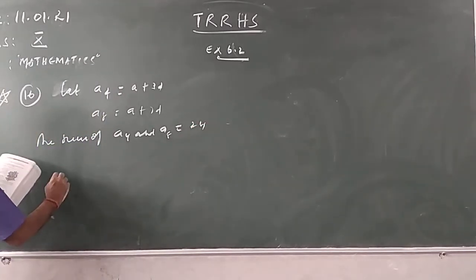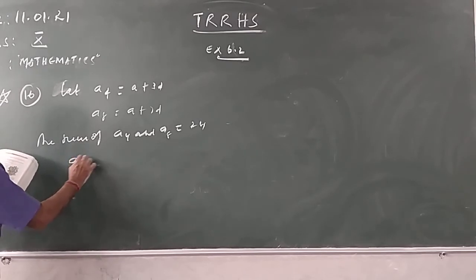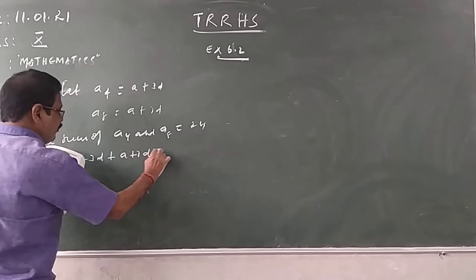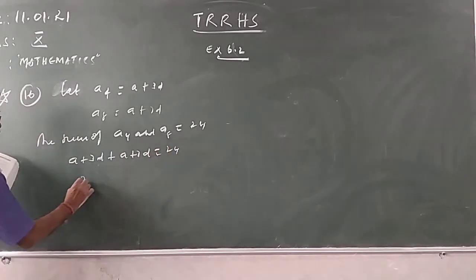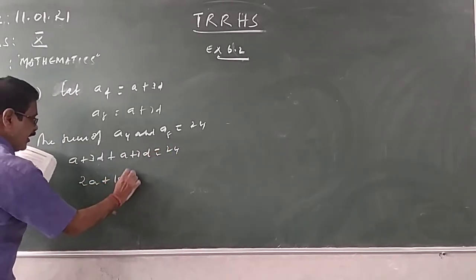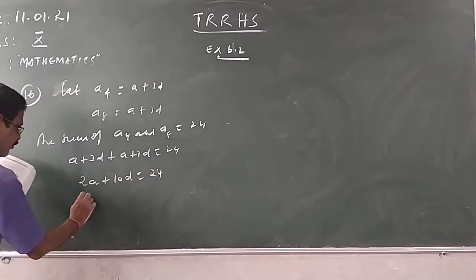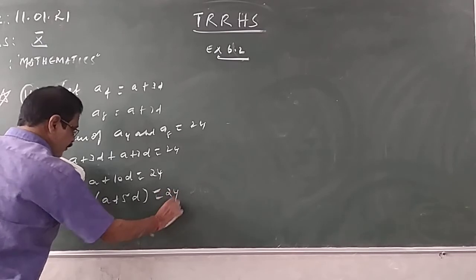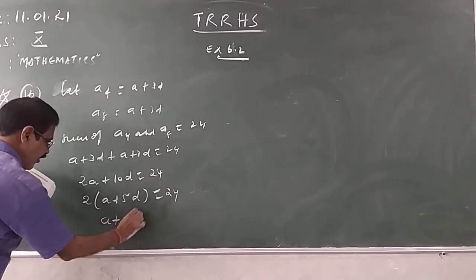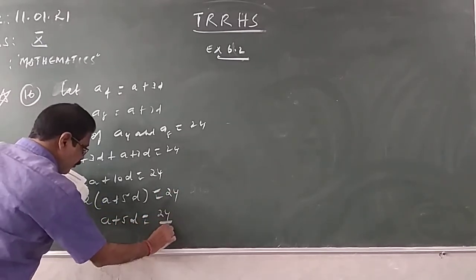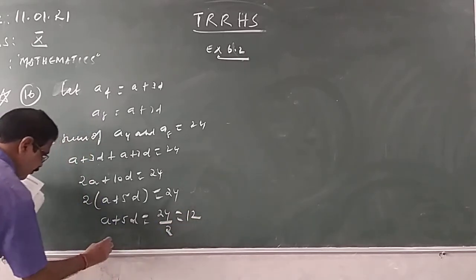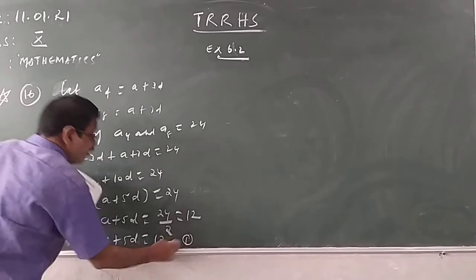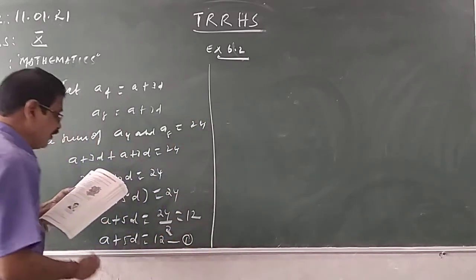So a plus 3d plus a plus 7d is equal to 24. So 2a plus 10d is equal to 24. Taking 2 common, a plus 5d is equal to 24 by 2, which is 12. So a plus 5d is equal to 12. This is the first equation.